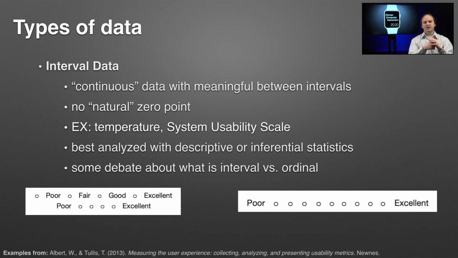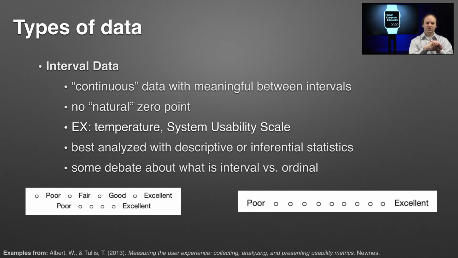So next we have interval data. So this is data that is continuous, meaning that you might have anchor points. If you look at this example down here on the right, I've got poor and excellent as the anchor points, and then I've got these discrete choices in between. But we're arguing that there are enough points in between that it's a meaningful interval.